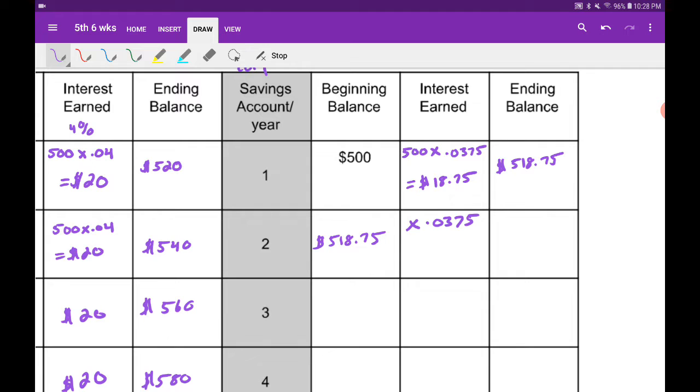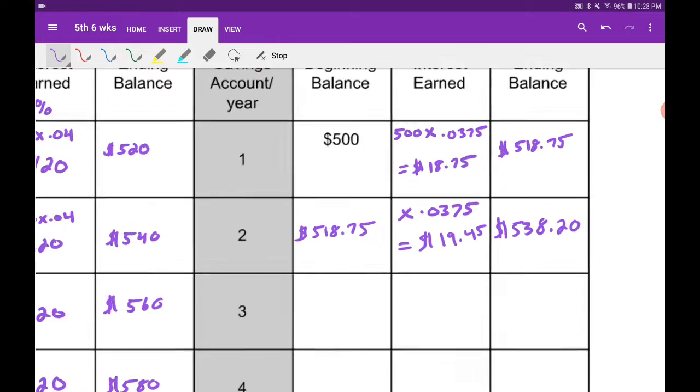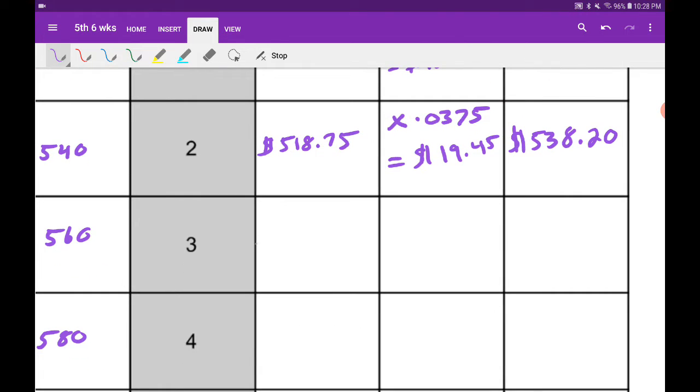Okay, so we take that 0.0375, multiply it to the 518. We're going to get $19.45. Okay, still didn't make $20 like the other one there. We're going to add that $19.45 to the 518, and we're going to get $538.20.